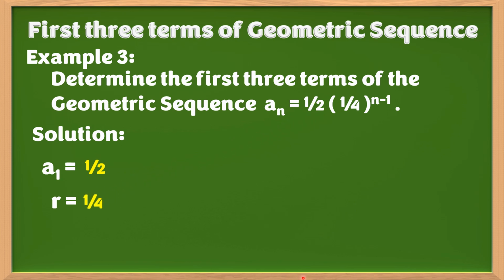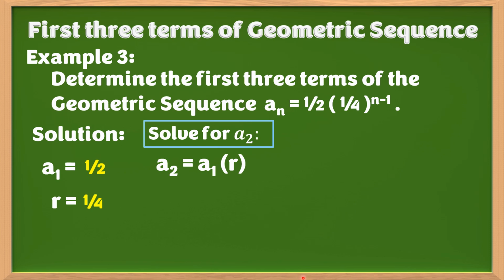Next we're going to solve for the second term. That is a sub 2 equals a sub 1 times r. A sub 1 is 1/2 and r is 1/4. So a sub 2 is equal to 1/2 times 1/4. And then we're going to simplify. 1 times 1 is equal to 1 and 2 times 4 is equal to 8. So therefore, a sub 2 now is equal to 1/8.